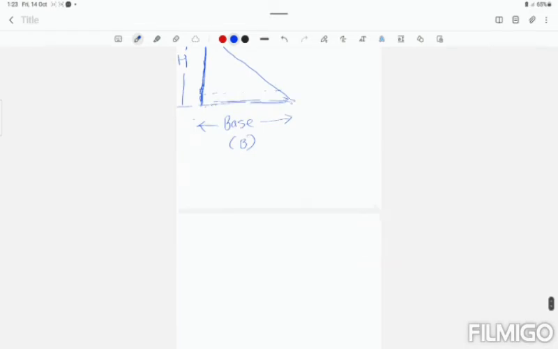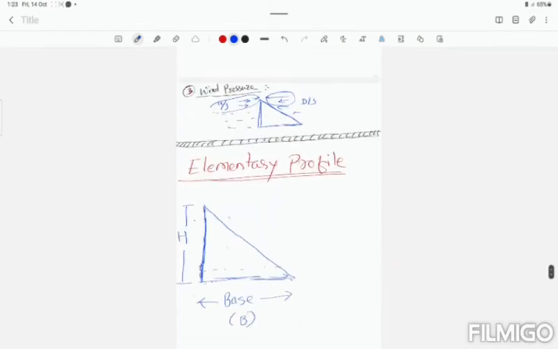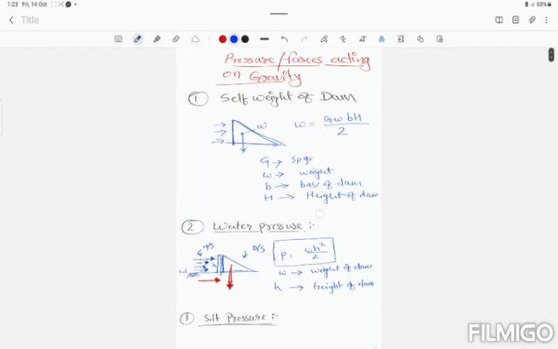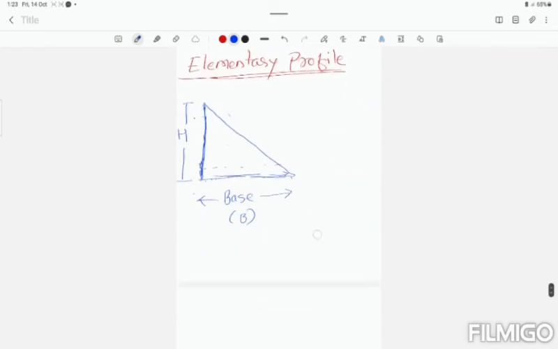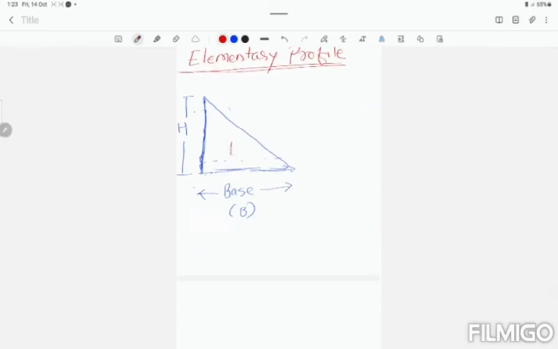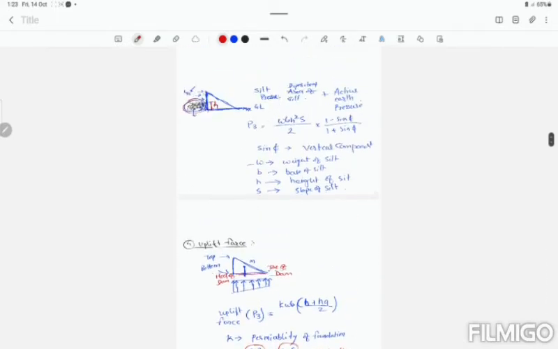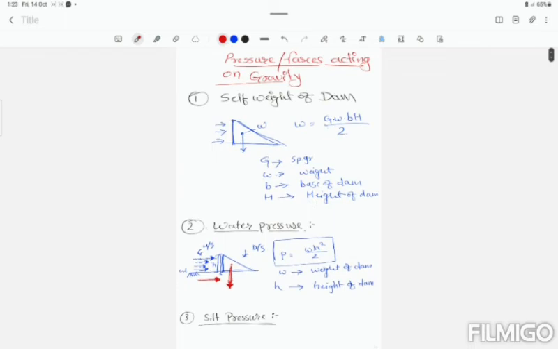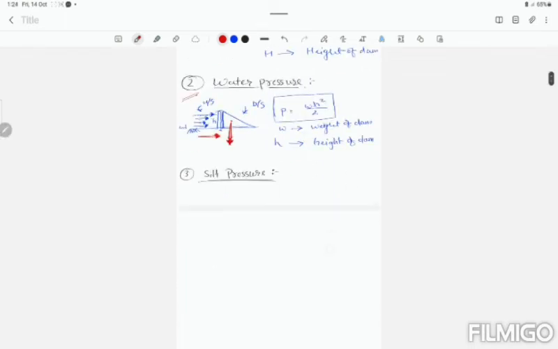The first, as we discussed in our last topic, is the self weight of the dam, which acts on the downward side. We consider this self weight as W. The second force, as we studied here, is the water pressure, which is a main pressure.